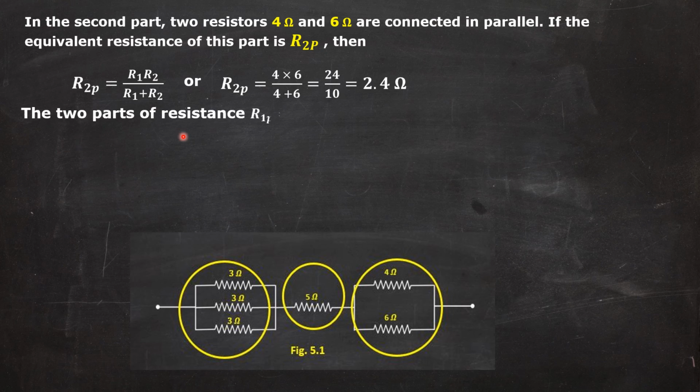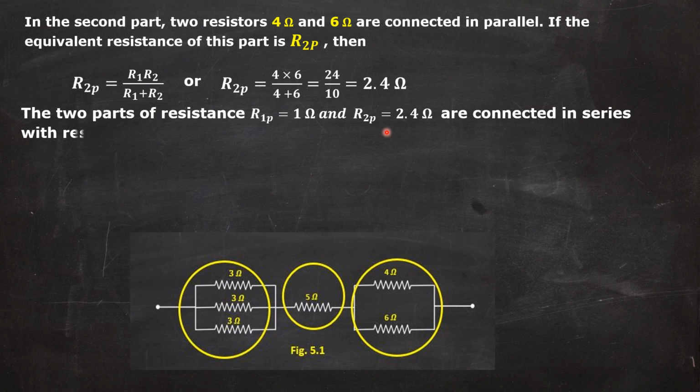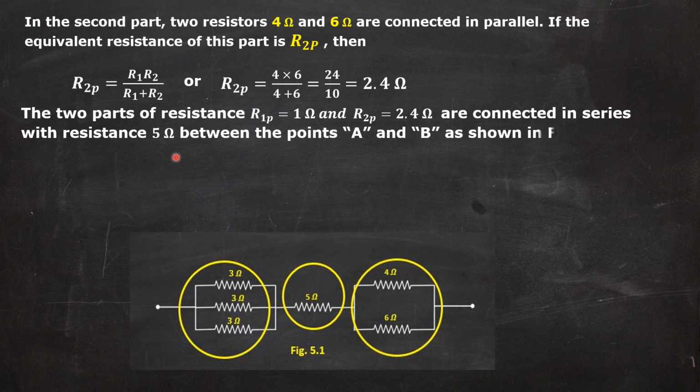The two parts, resistance R1P which we just now got as 1 ohm and R2P as 2.4 ohm, are connected in series with resistance 5 ohms between the points A and B as shown in figure. Now what is the equivalent resistance of these three resistors? That is part 1, we got it as 1 ohm. The equivalent resistance of the second part, here it is 2.4 ohms. I will replace these two parts with single resistors.